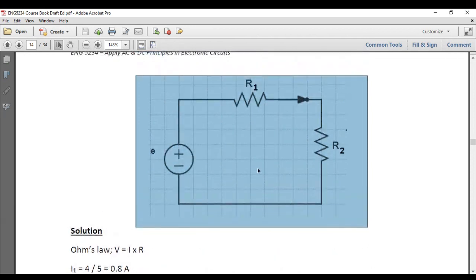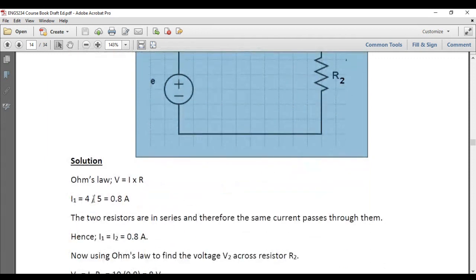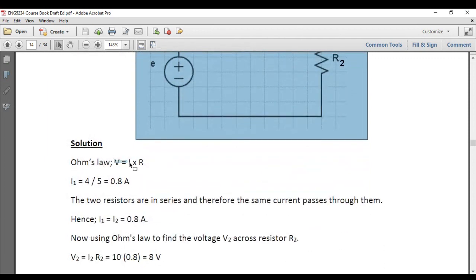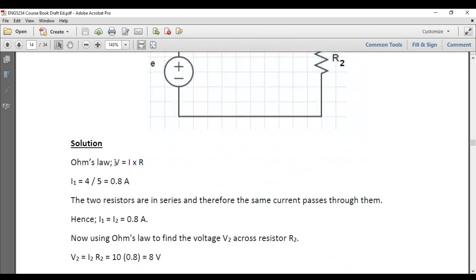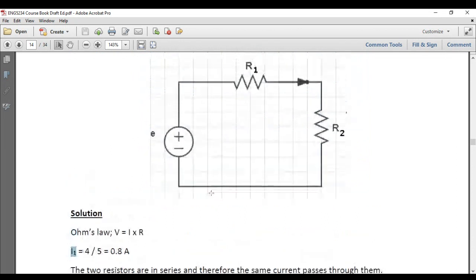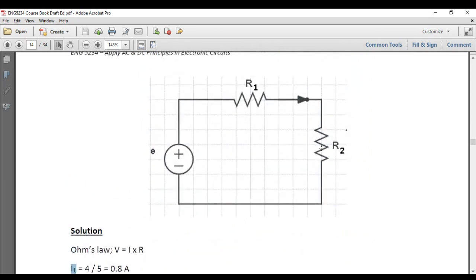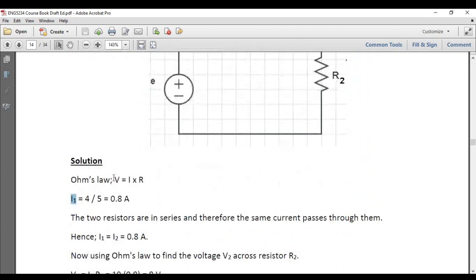So if you find the current in this circuit, it means that the current will be the same for R1 and R2. To find the current, you can use the simple Ohm's law. If you find I1, that will be the same as I2 because there is no difference.